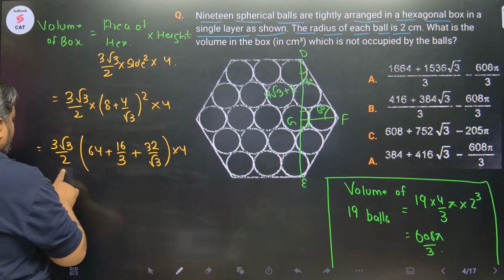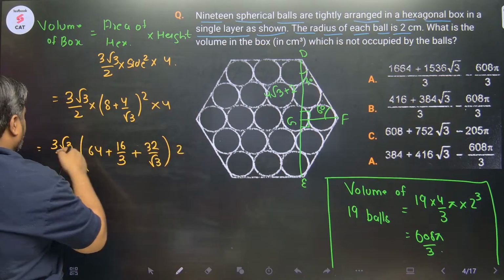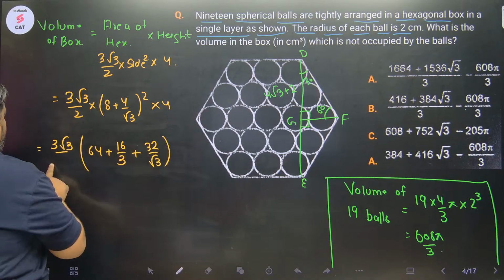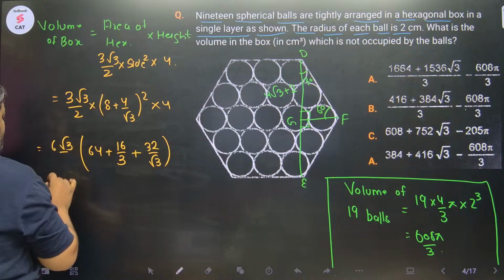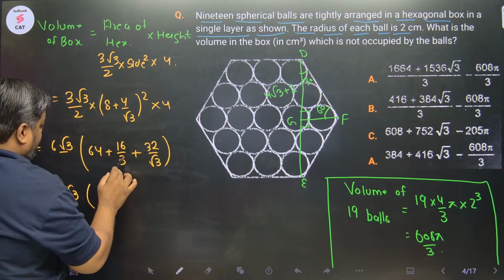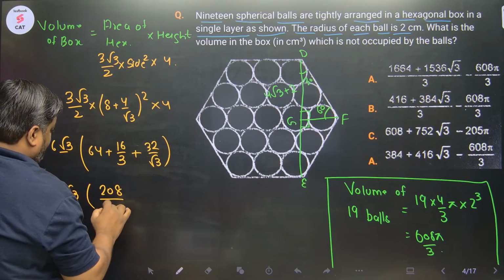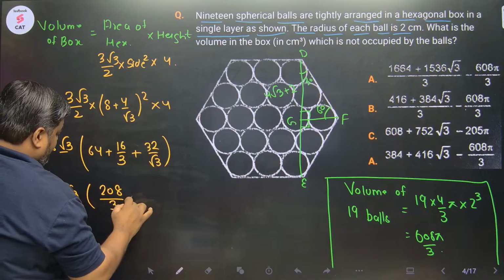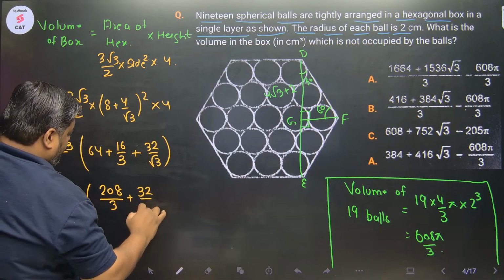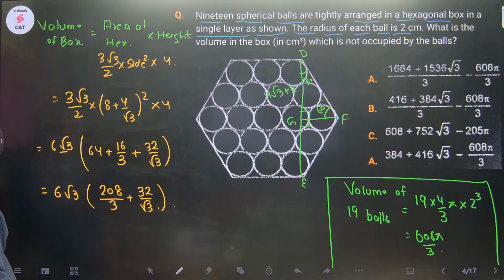This goes in 2 times, and 2 3s are 6, so we remove that. This is 6 root 3 outside. So 6 root 3 into 192 upon 3 plus 32 upon root 3. Sorted. Let's multiply individually.